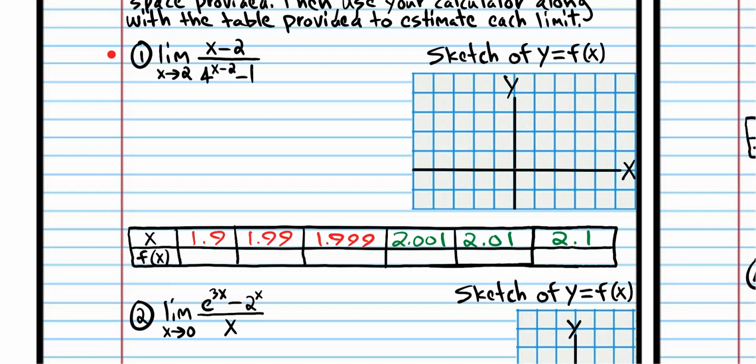If you don't have a graphing calculator, you can still do this, but you're going to have to manually enter in the numbers, and it's going to be kind of tedious. You can use an iPhone, an Android, or just some old calculator from the 1970s. But again, it's going to be kind of tedious.